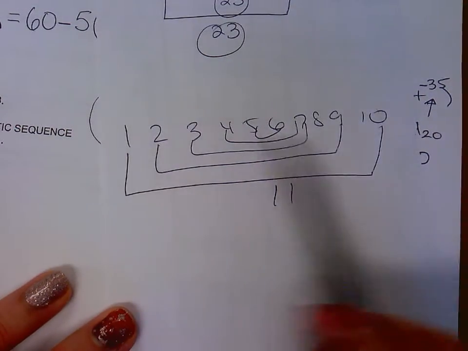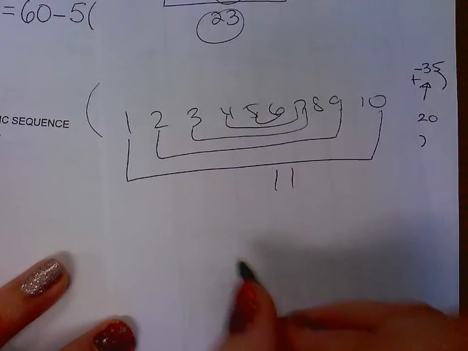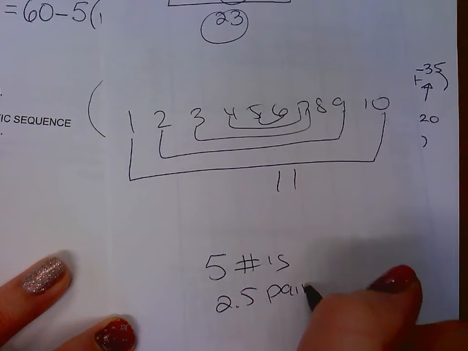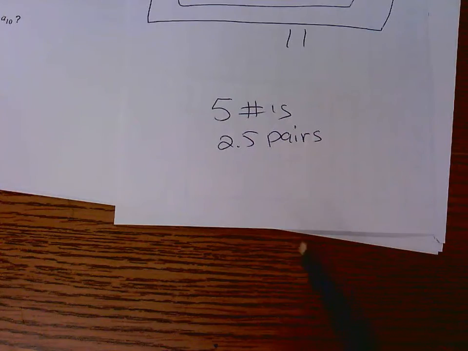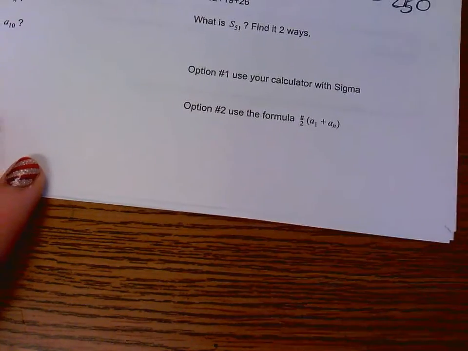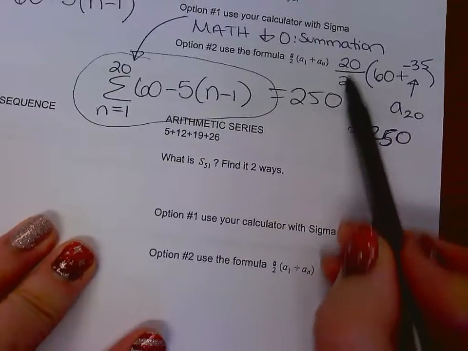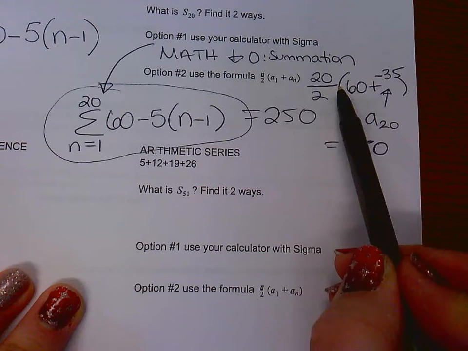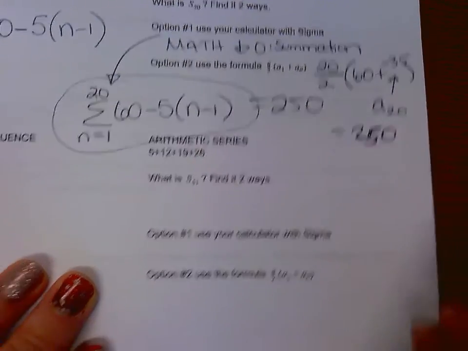So if there's 10 numbers, there's 5 pairs. If there's only 5 numbers, there's 2.5 pairs. So it's okay to have an odd number of pairs because you've got one term that doesn't get paired up with anyone. So that's why this is working. We had 10 pairs of numbers. That was the first term and the last term added together, and we multiplied by 10 and got 250.